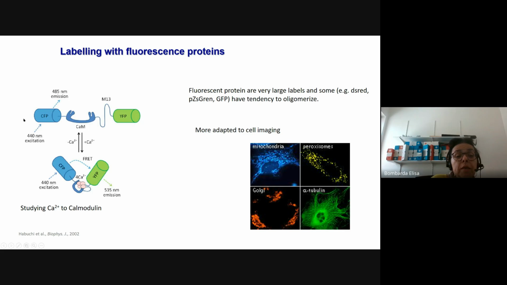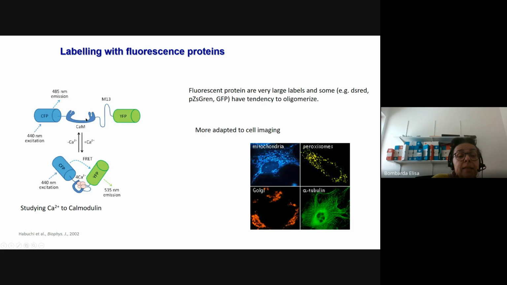And the spectral properties of these 2 proteins are such that CFP can be donor for yellow FP in a FRET mechanism.